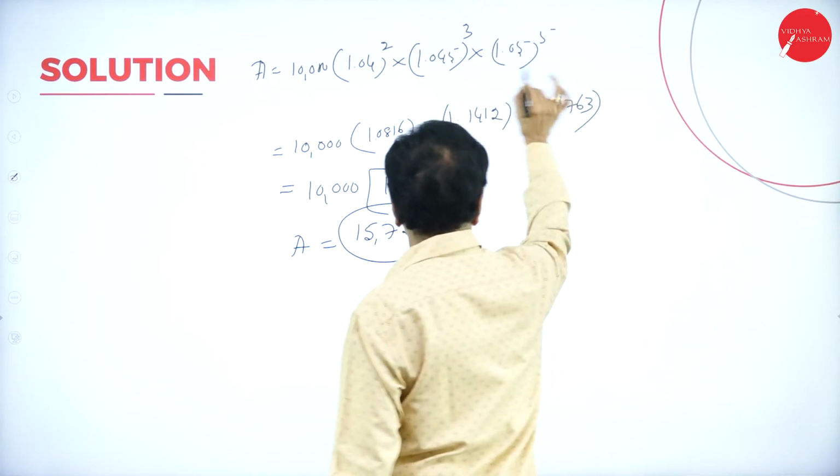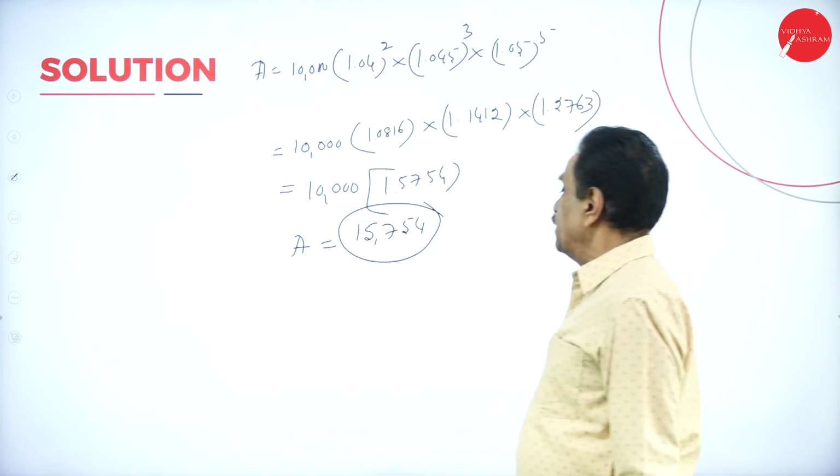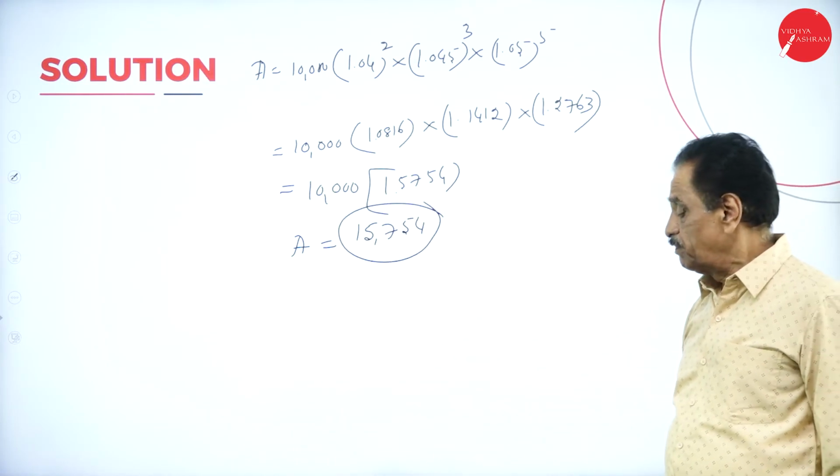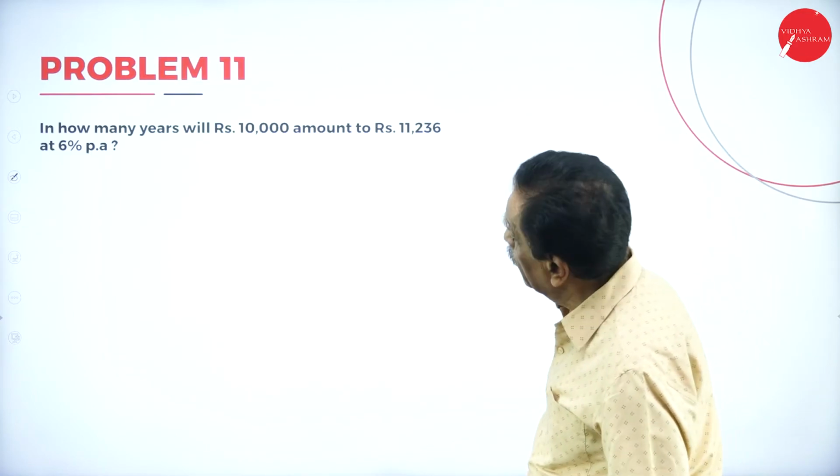I multiply all, it comes to 1.5754. Multiplied by 10,000, it is 15,754. This is another method. We'll move on to the next one.